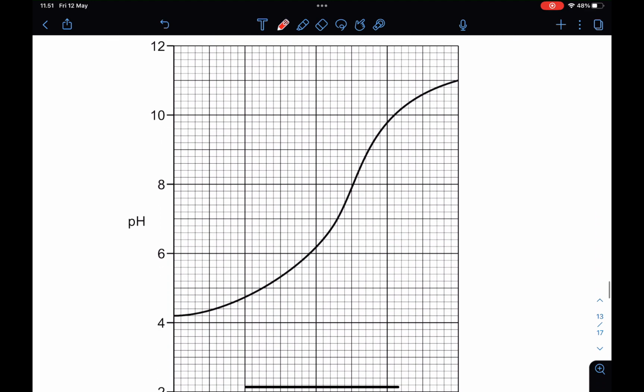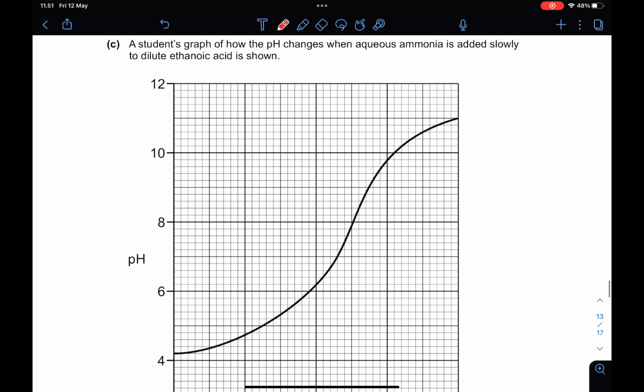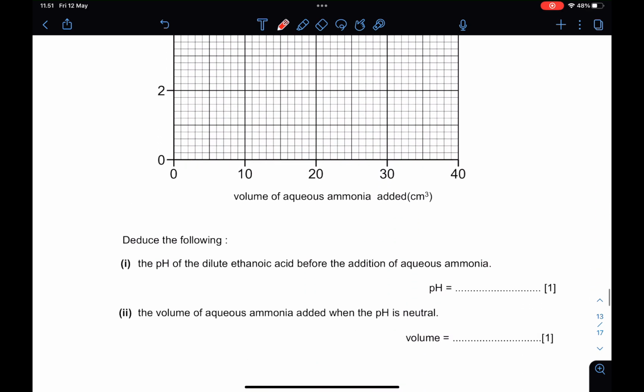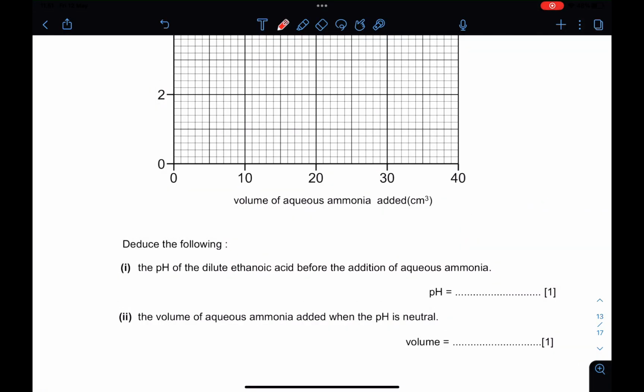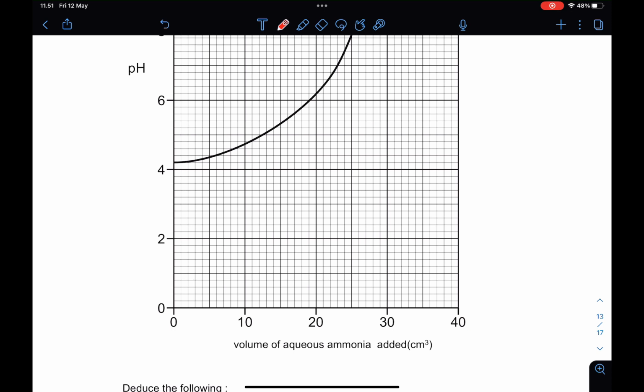Next, a student graphs how the pH changes when aqueous ammonia is added slowly to dilute ethanoic acid. You can see the pH generally increases, because inside the conical flask they put dilute ethanoic acid, and then they add the ammonia slowly from the burette. Deduce the pH of the dilute ethanoic acid before the addition of aqueous ammonia.